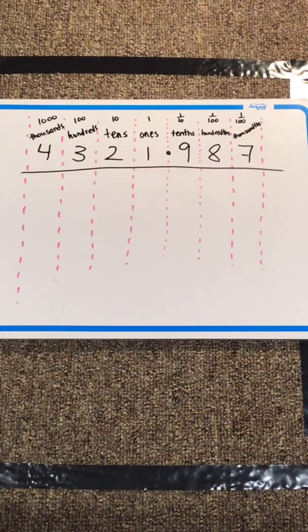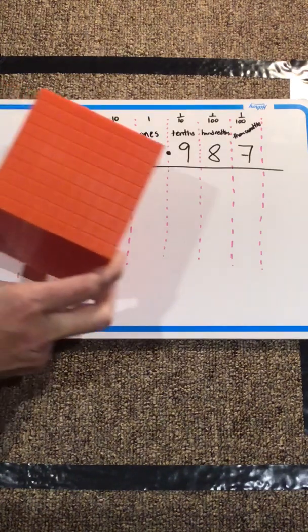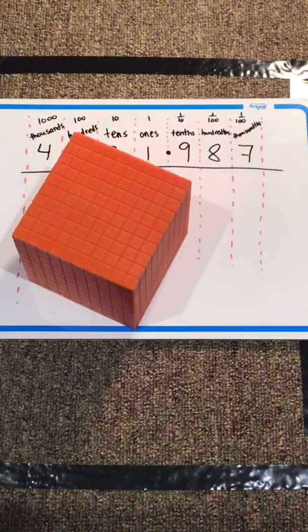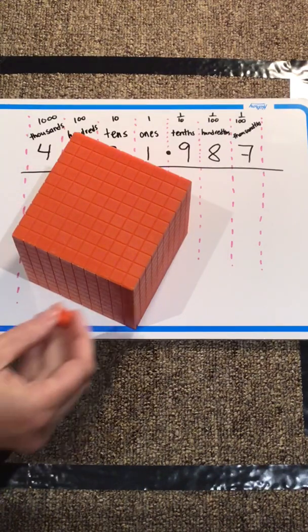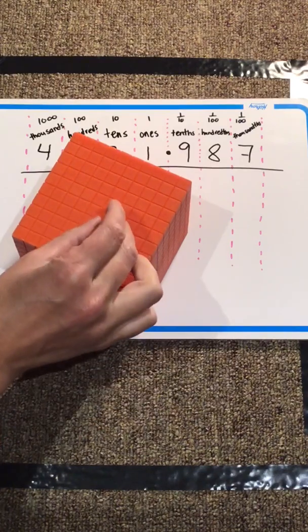But if now we're talking about thousandths, all of a sudden this is our whole. So we're not just having one little cake, we're having a giant 10-layer cake. And so now 1,000th is this little guy.